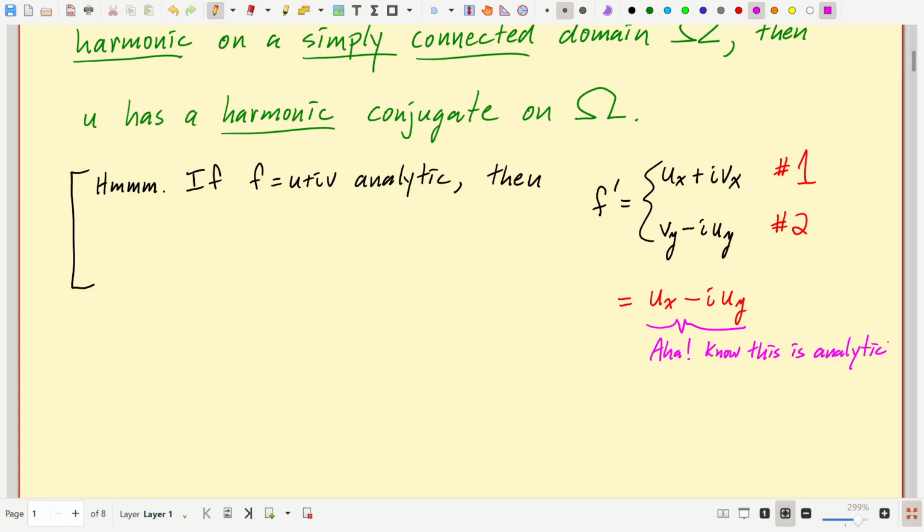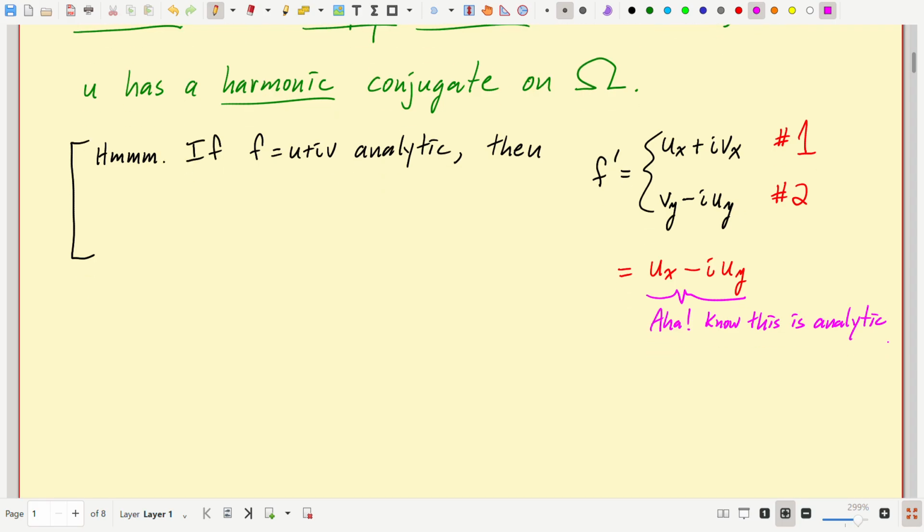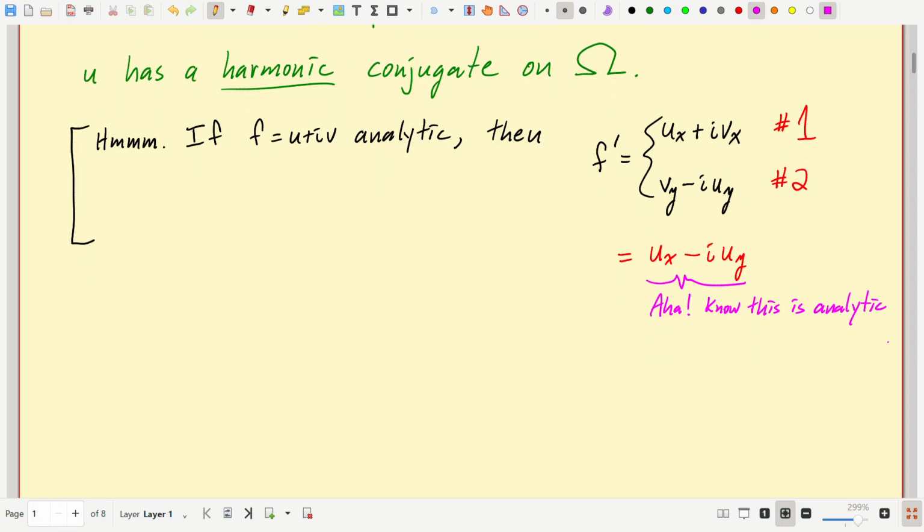And if we had a harmonic conjugate, then we'd have this f prime, and those two things would be the same. That's the exciting thing. So the idea is if I want to get a harmonic conjugate, I should find an antiderivative of that red thing.